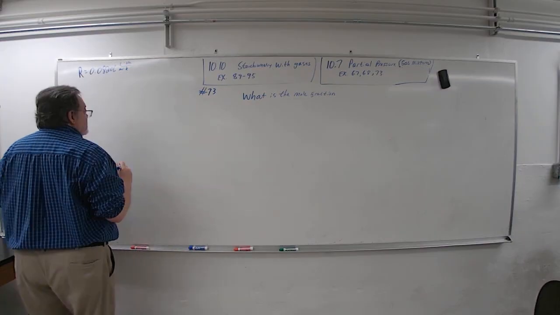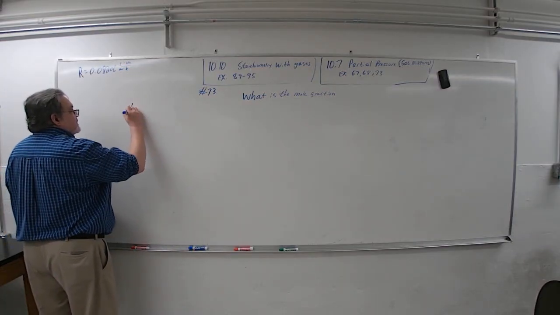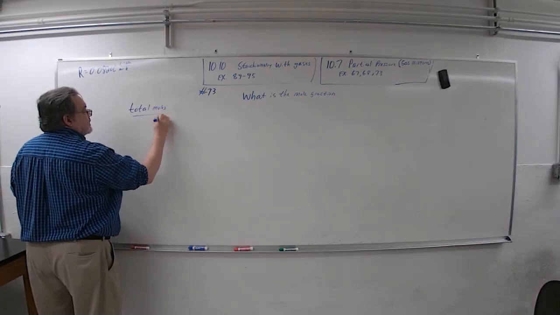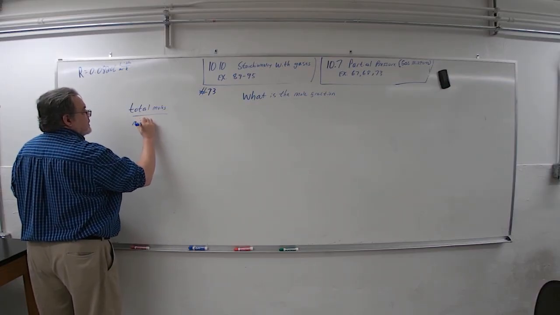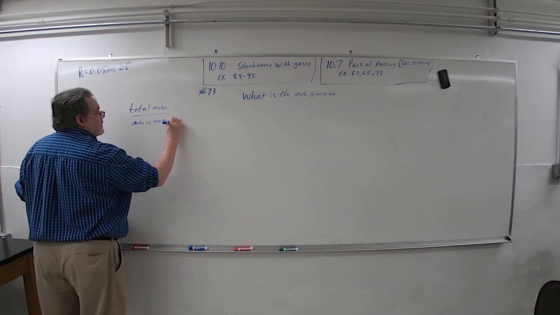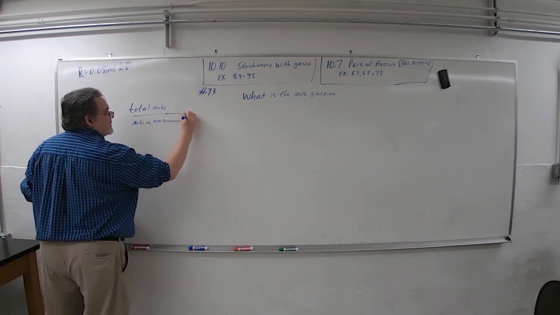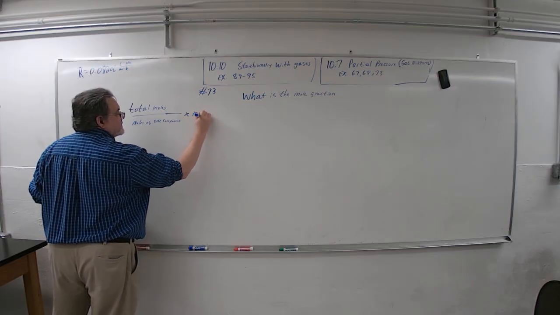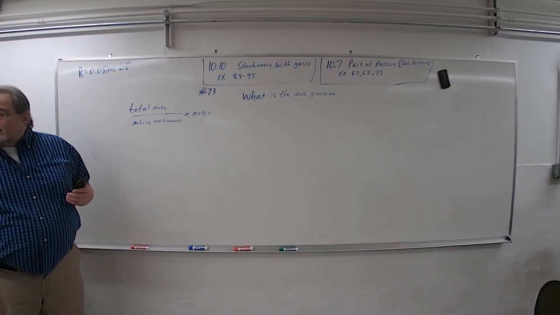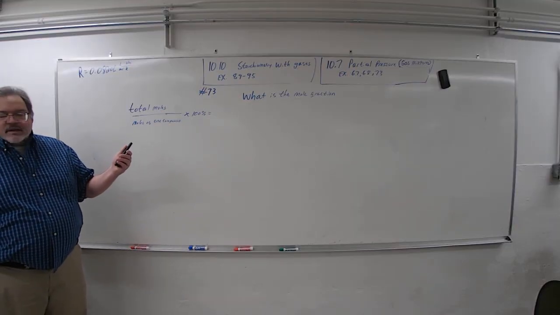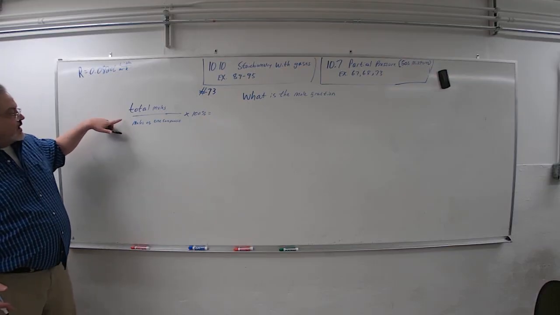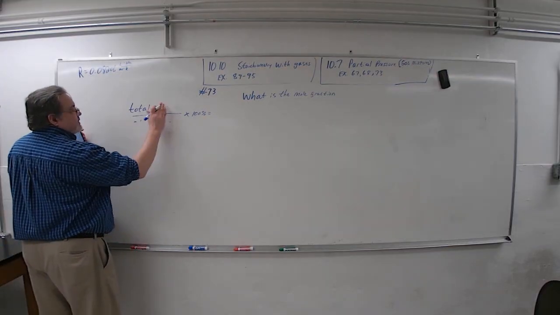Mole fraction is moles of one component times 100%. If you had a mixture of gases, you got a certain number of moles of one, you got a certain number of moles of another. You take the total moles as your, no, I did that upside down.